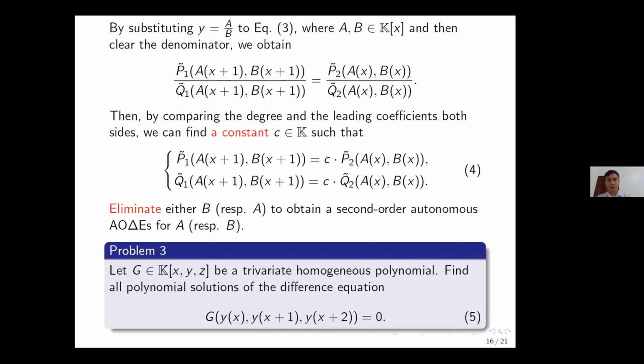I do as follows. From system number 4, I increase the order one more to obtain 2 more differential equations of order 2. Then we have 4 differential equations in a_x+1, b_x+1, a_x, b_x, and a_x+2, b_x+2. So 4 differential equations in 6 unknown functions.